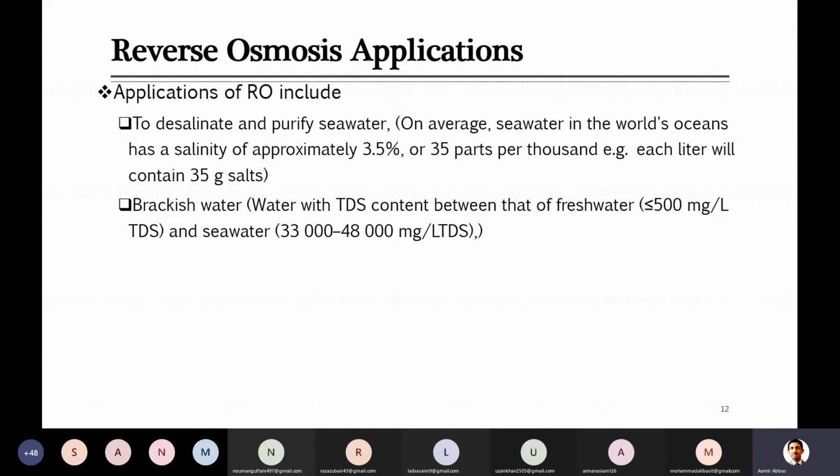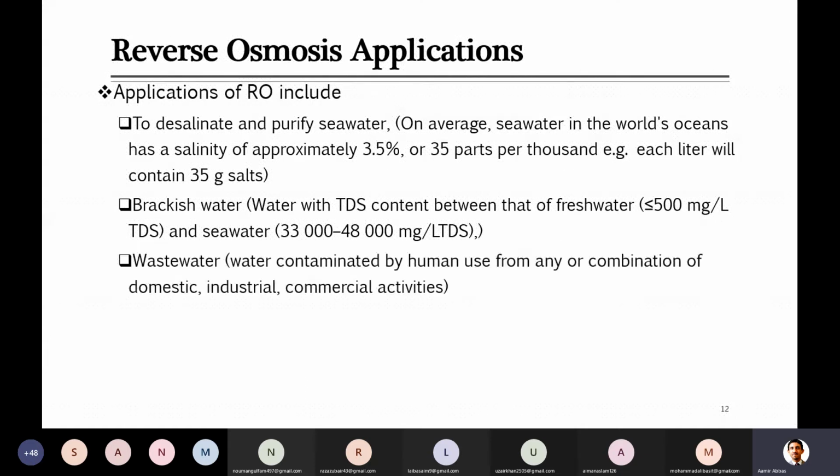Seawater is one extreme, and pure or fresh water is on the other side, where we have a very small amount, up to 500 or less than 500 milligram per liter of total dissolved solids. In seawater, this varies, above even 30,000. It can go even up to 50,000 milligram per liter of total dissolved solids in some seawaters.